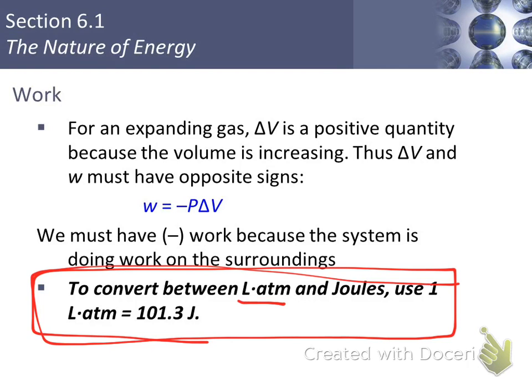You need to say 1 liter times atmospheres equals 101.3 joules. These are conversions between a volume and a pressure unit to get to our energy unit. So you might have to convert that if it's not given to you in the right unit.